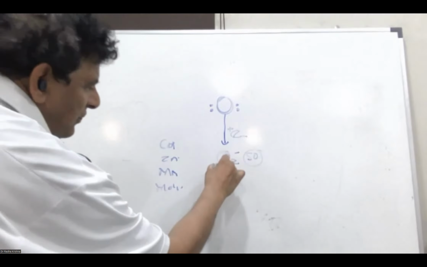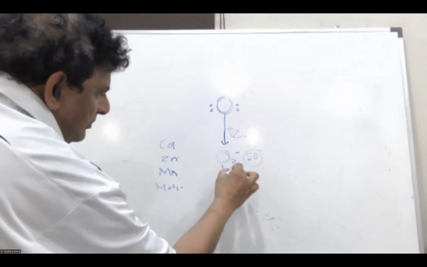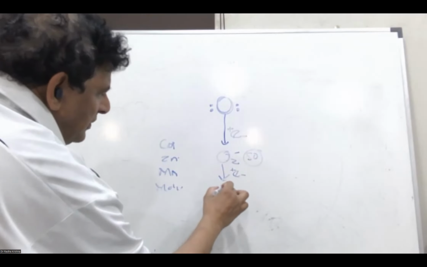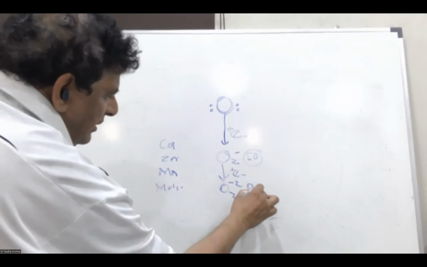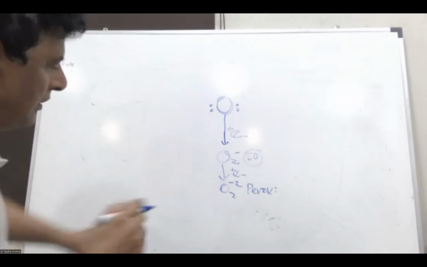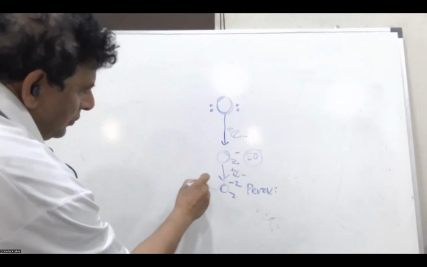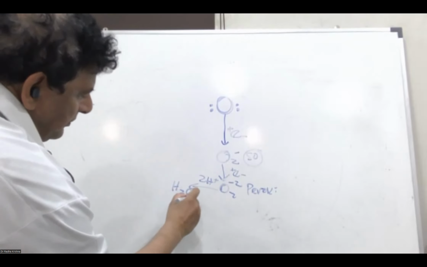Once it goes down further, you add another electron. It becomes O2 2 minus. This is a peroxide. For a peroxide, if you were to add two hydrogen atoms, it becomes hydrogen peroxide.